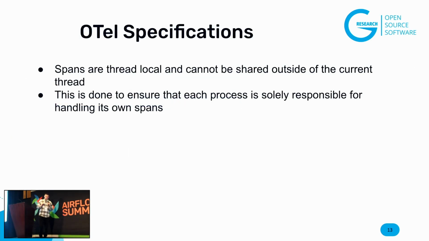Now, OpenTelemetry has a philosophy, a specification that should be followed. The thing is that spans are thread local. We cannot share them outside of a service, and the objects cannot be shared. So for each service, you have to create a different individual span.